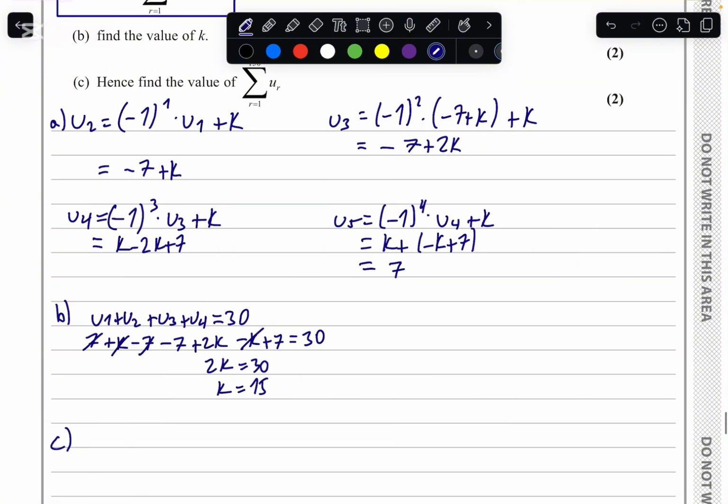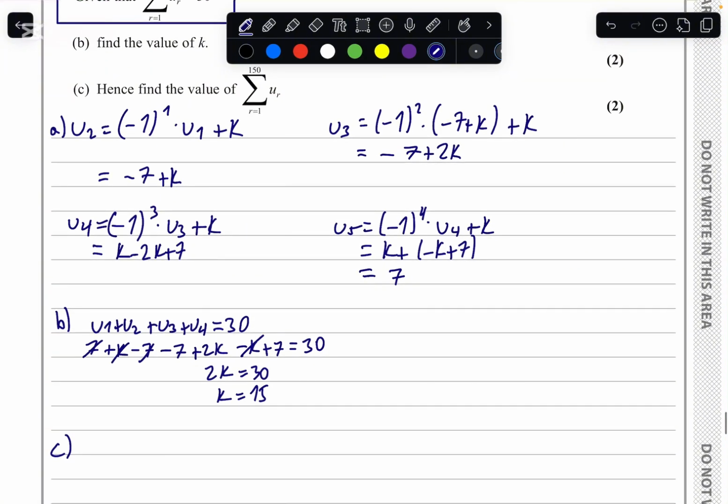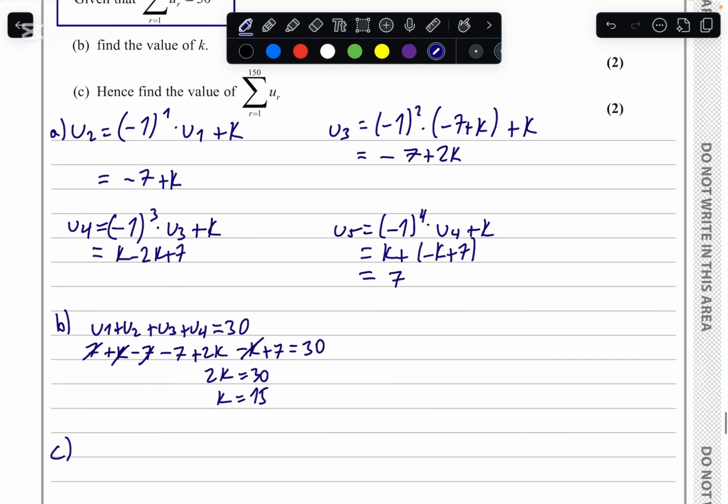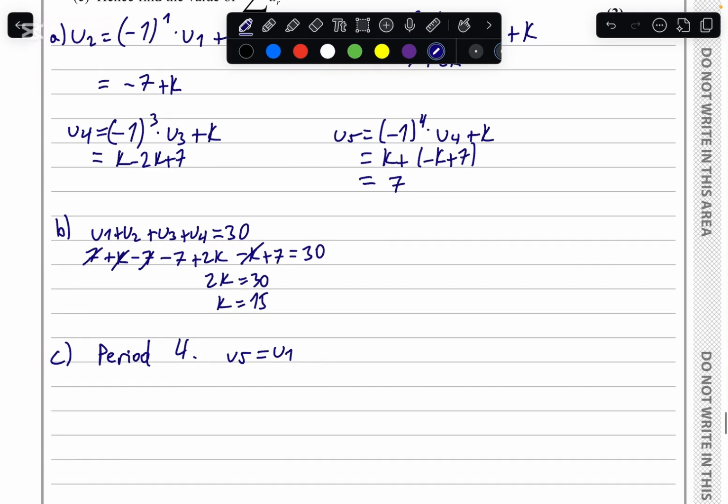The only difficult thing was to figure out that this is a periodic series with a period of 4. This is because u5 is equal to u1. The number of complete periods is 37.